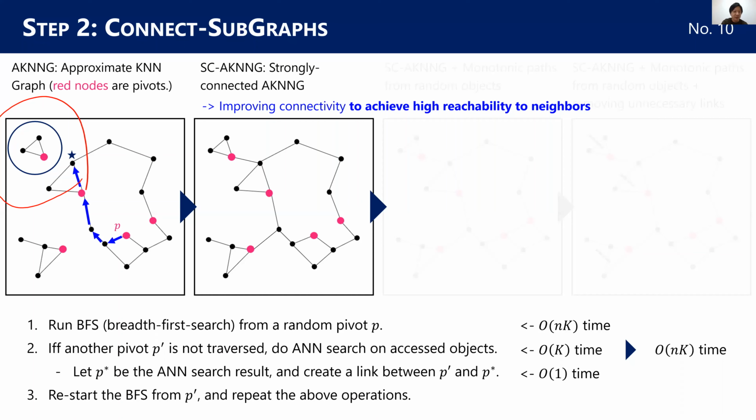For instance, in this graph, the query is here. We make a link between the query and the result of this search to connect the subgraphs. In this figure, this link is generated. This is repeated until we access all objects.